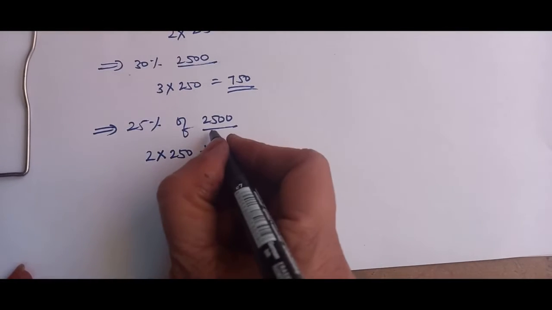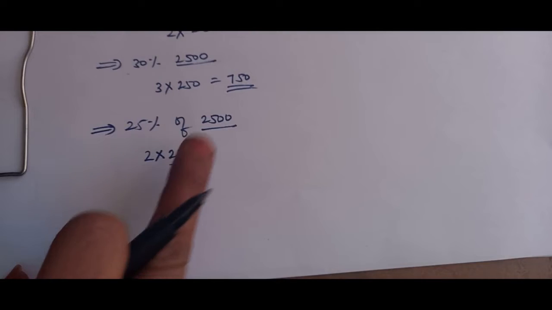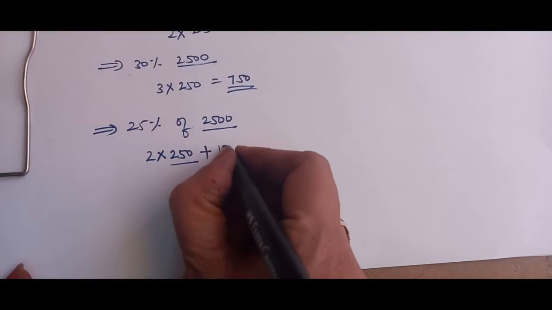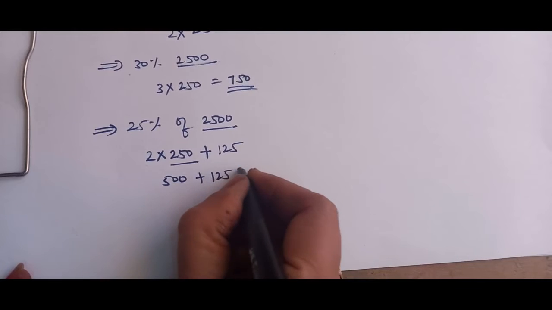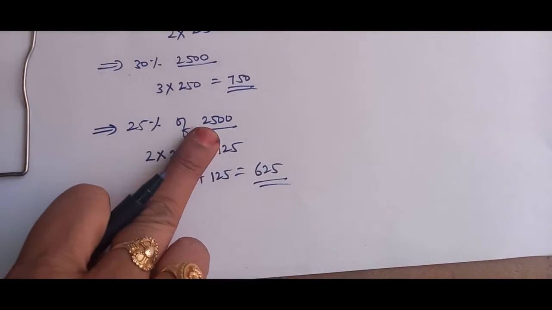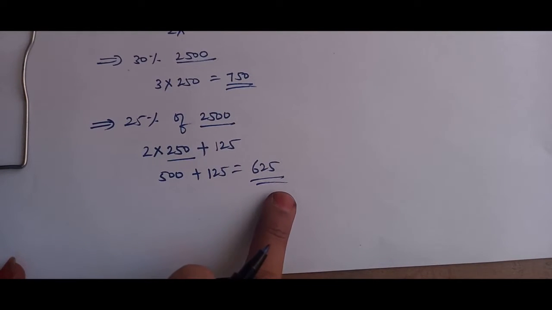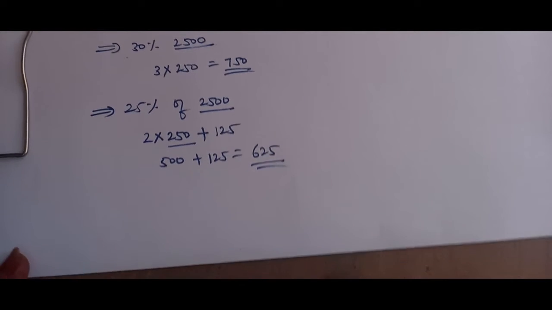If 10% of this number is 250, then what is 5% of this number? We can make it half now. So write 125. So 500 plus 125 is equal to 625. So 25% of 2500 is equal to 625. We can calculate percentage mentally if you understand this concept.